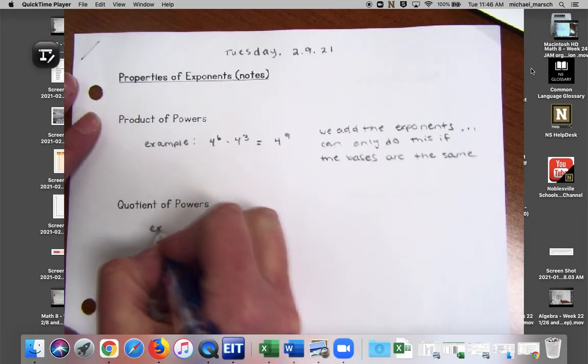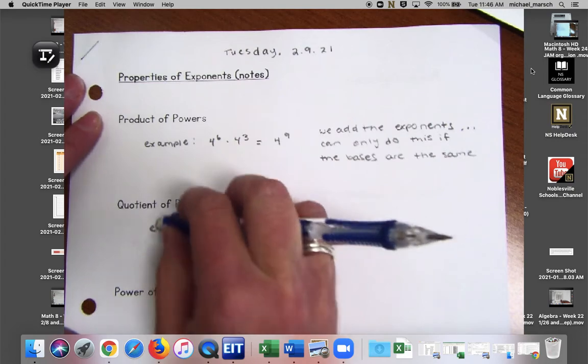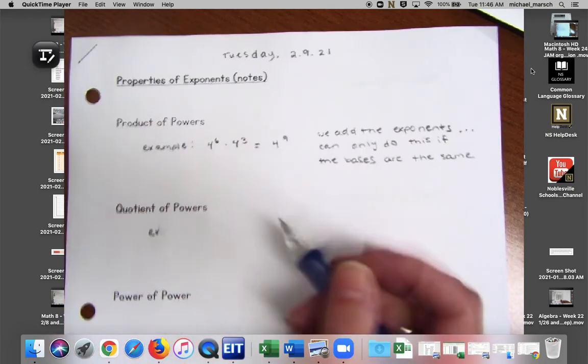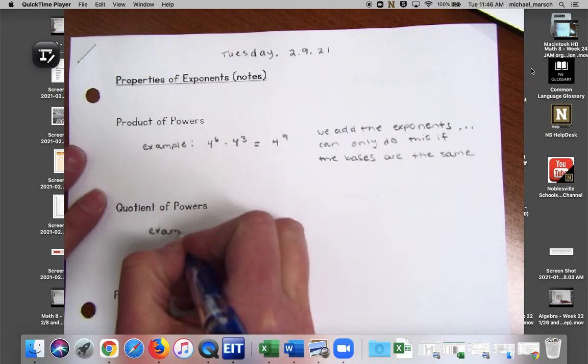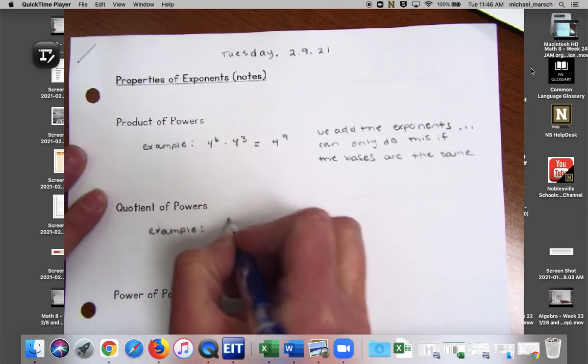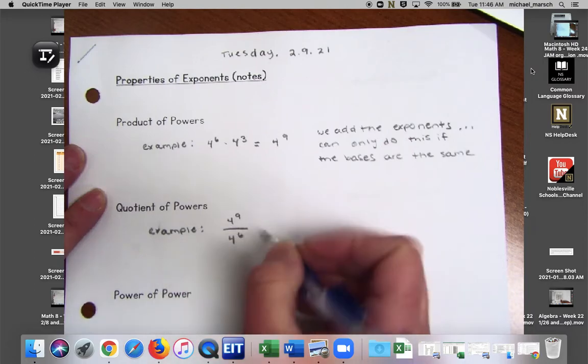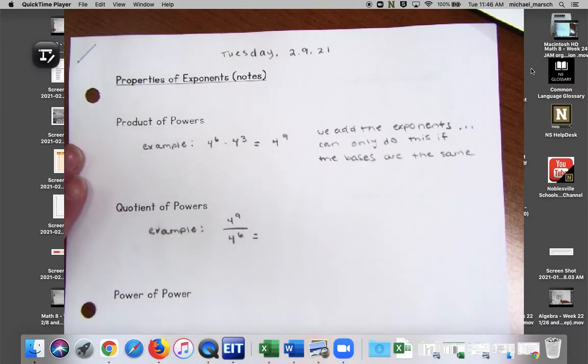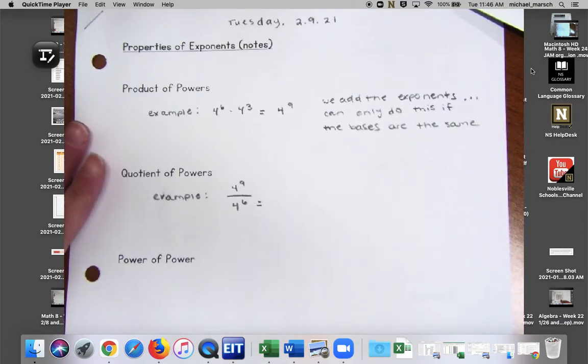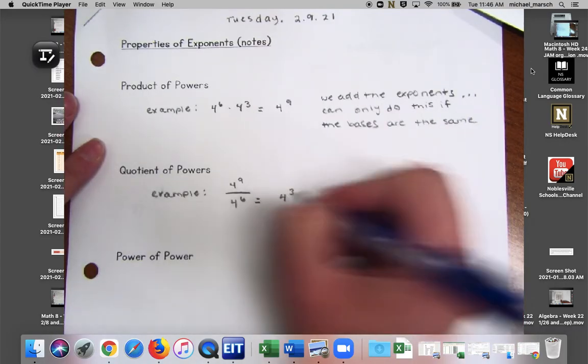So then the quotient. If I'm dividing, what do I do, Katie? I'm going to subtract those. So my answer is going to be 4 to the 3rd power.